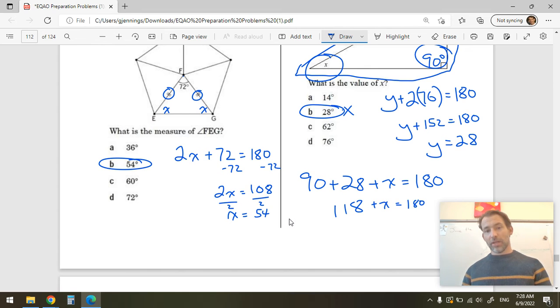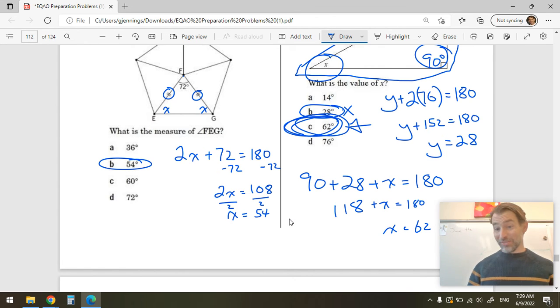And now if I subtract 118 from both sides, I get x is equal to 62. There, this is the answer that we want.